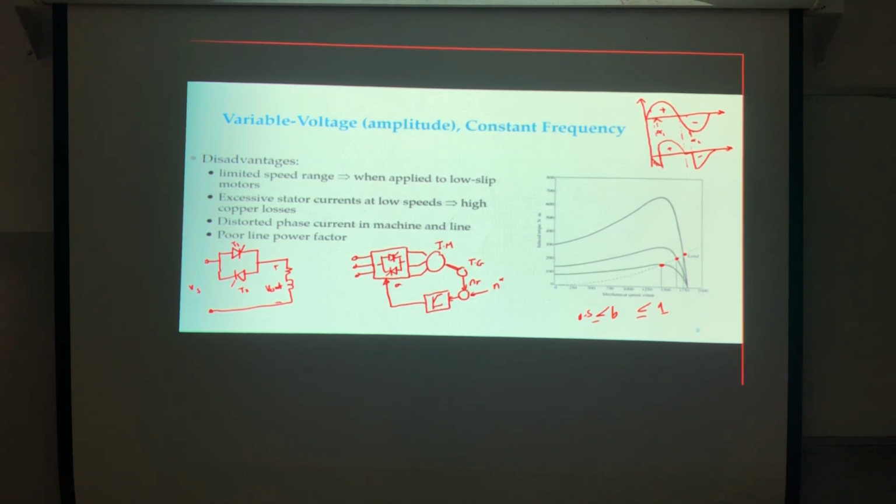Why are we concerned about the power factor? Simply, if the power factor is close to 1, this means that all the input power is active power, the power that's converted to mechanical energy. This is one.